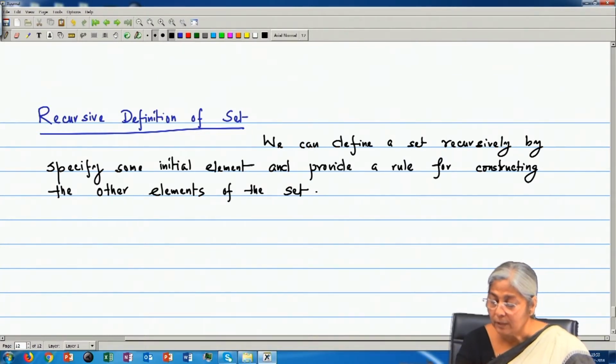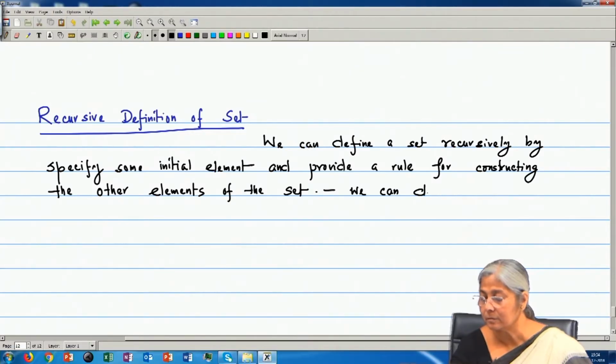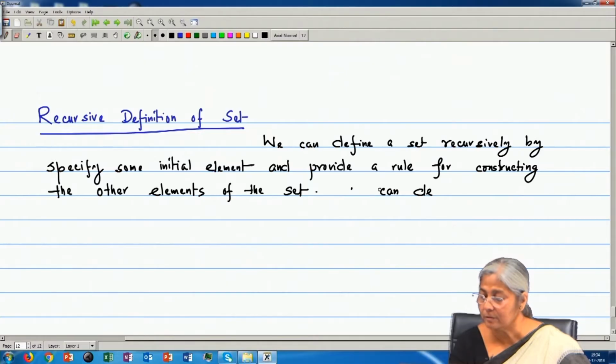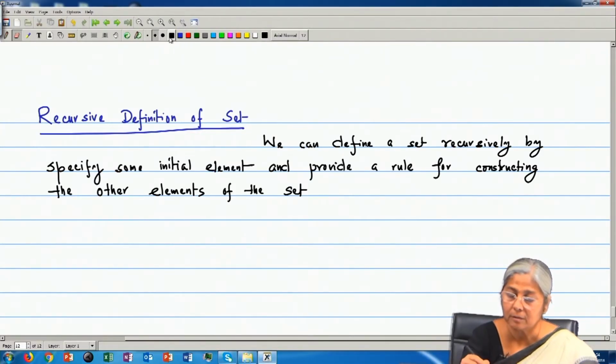And this rule must itself be defined recursively.